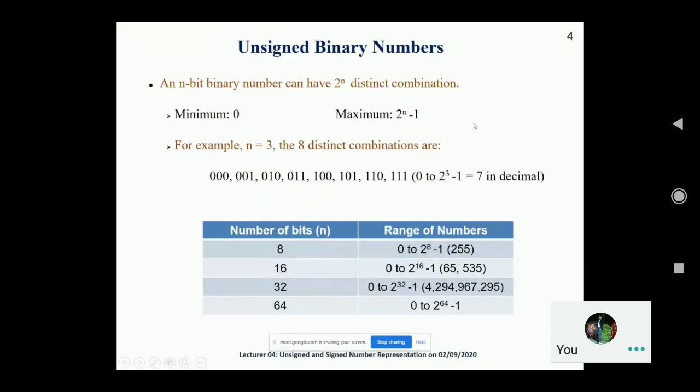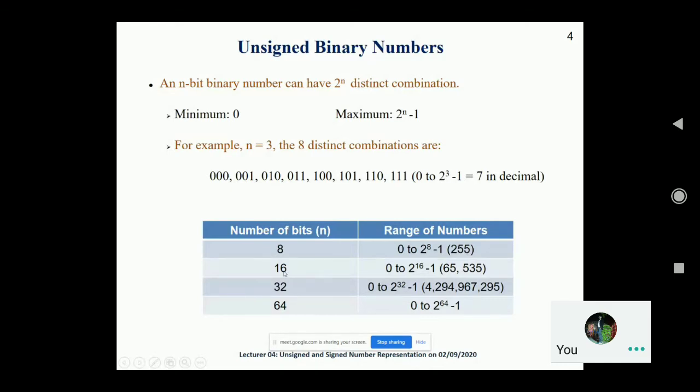Based on this concept, now I am constructing this table. If you define n equal to 8, 16, 32, and 64, what is the range based on the general formula, 0 to 2 to the power n minus 1? When we consider 8, the range is 0 to 2 to the power 8 minus 1. It represents a total of 256 numbers, but here we go from 0 to 255, because 2 to the power 8 minus 1 is 255.